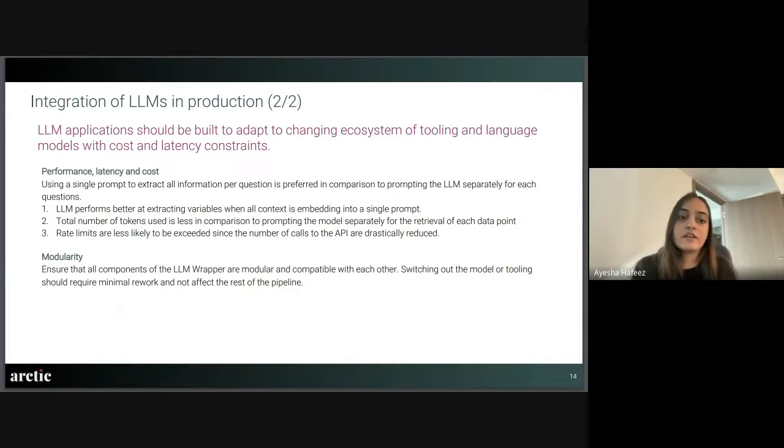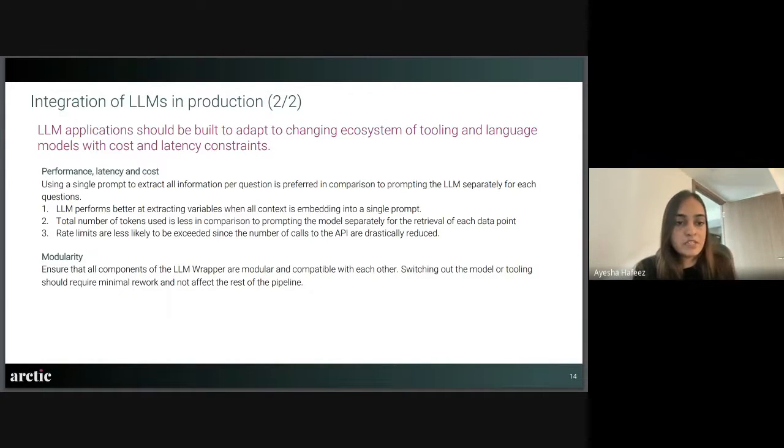The other key considerations that you need to look at are performance, latency, and cost. Since this is an interactive application via a chatbot interface, we wanted to ensure that we are able to generate the results with low latency, but equally we don't want to call the language model multiple times.